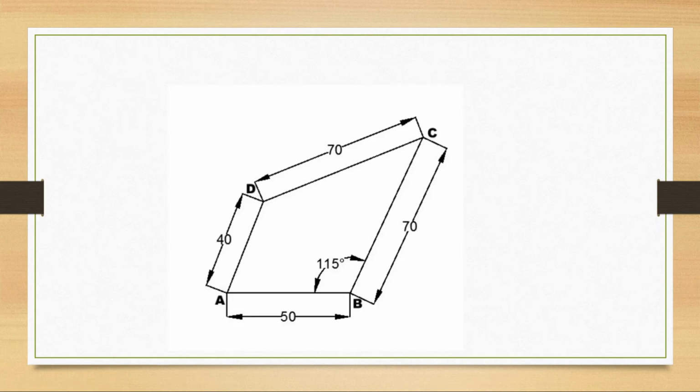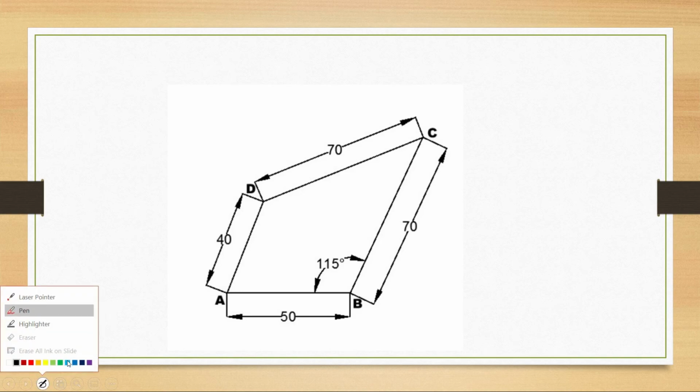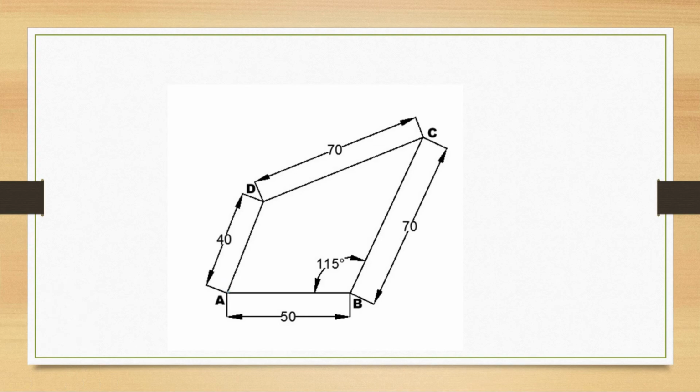So here we got our actual drawing with all the dimensions, as AB is 50, BC is 70, and the angle between them 115. AD is 40 and DC is 70 mm. So again we'll do the same way. First thing, we are gonna see our hypotenuse. So again we have two hypotenuse.